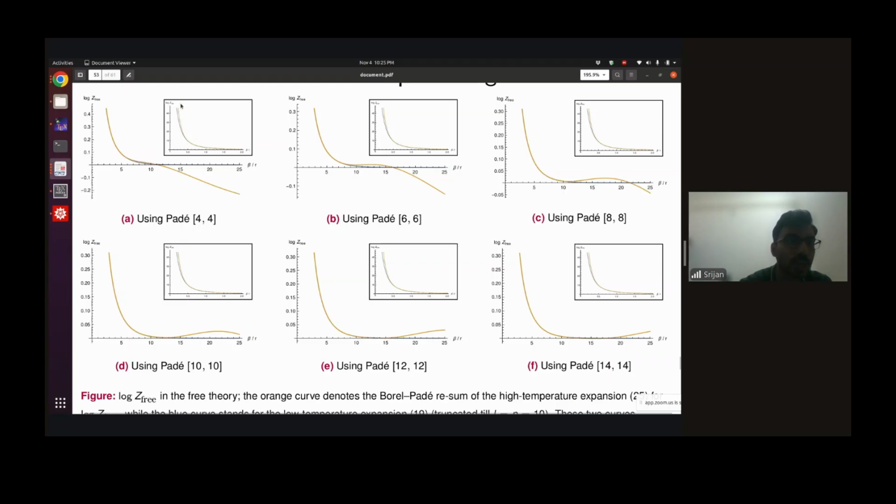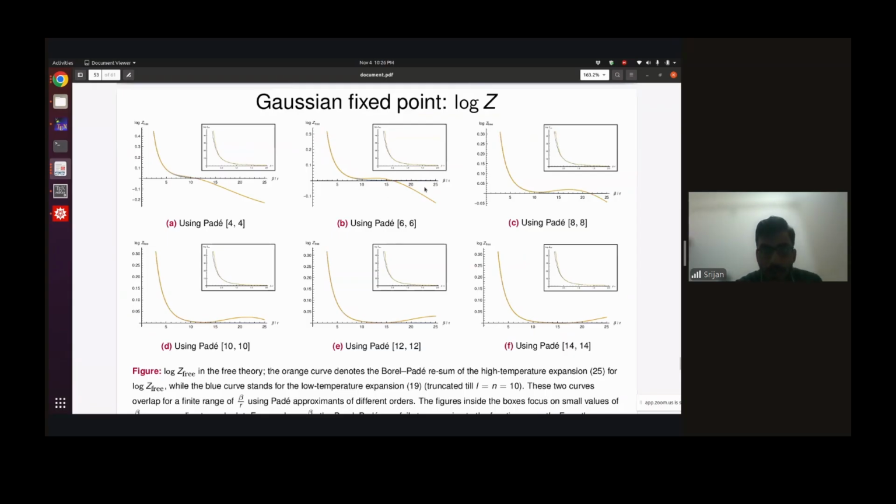These two curves are diverging away from each other when you go to the smaller value of beta by r region. This is the magnified version of this small beta by r region. But you can see quite a nice overlap between these graphs in quite a large region of beta by r.